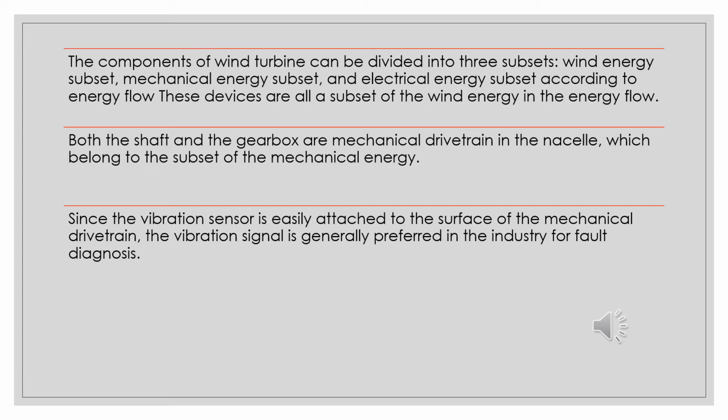Both the shaft and the gearbox are mechanical drivetrain in the nacelle, which belong to the subset of the mechanical energy. Since the vibration sensor is easily attached to the surface of the mechanical drivetrain, the vibration signal is generally preferred in the industry for fault diagnosis.